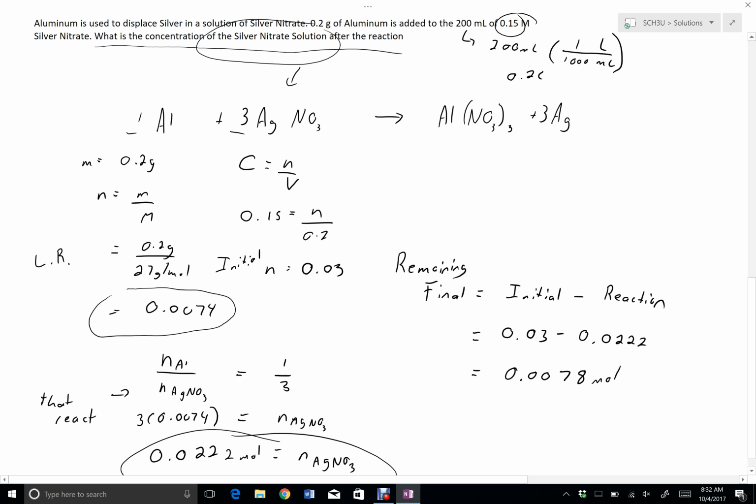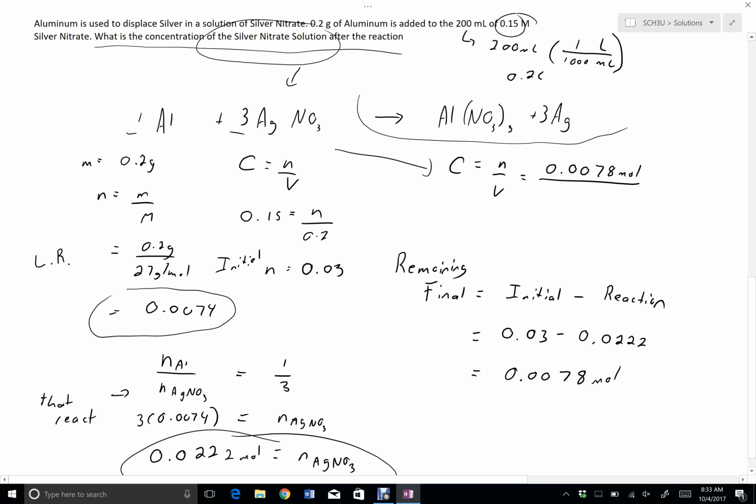So the question asks, what is the concentration of silver nitrate remaining in solution after the reaction? So concentration is equal to moles over volume. This is for silver nitrate. I know I'm doing it underneath aluminum, but I just don't have any more space. How much silver nitrate is left? 0.0078 moles divided by my volume.